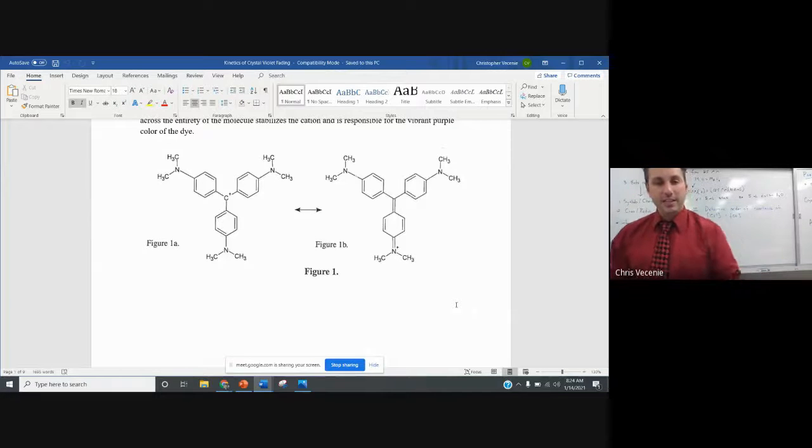The C plus carries it in one, and the N carries the plus down here in the other. And that positive ion creates an effect that allows this substance to reflect light at the wavelength in the purple range. And we're going to exploit that.